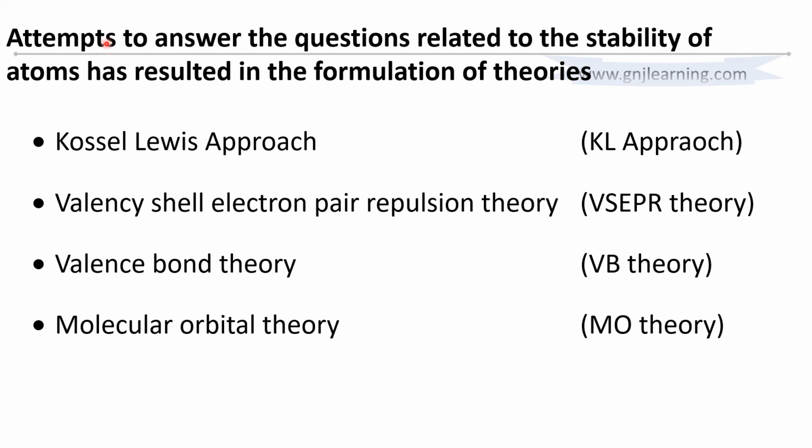So attempts to answer the questions related to the stability of atoms resulted in the formulation of various theories. What you can see is a list of 4 theories. As the order suggests, the first theory that came forward to explain this was named the Kossel-Lewis approach.